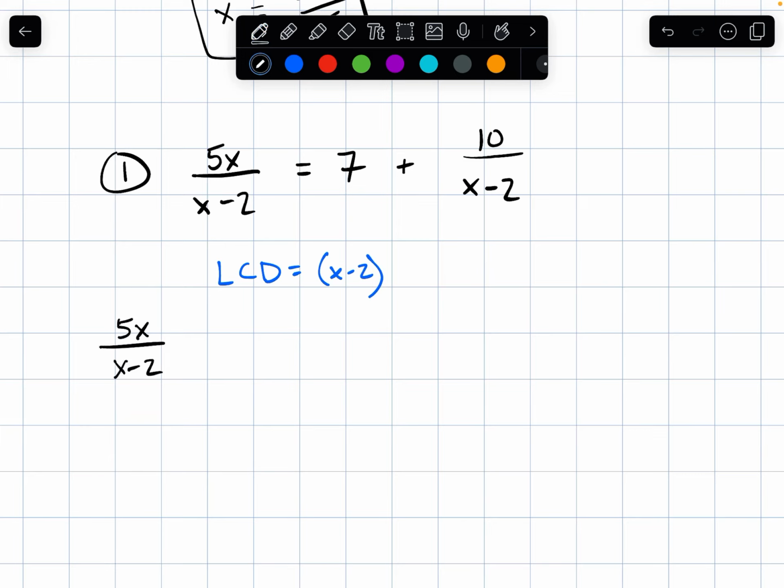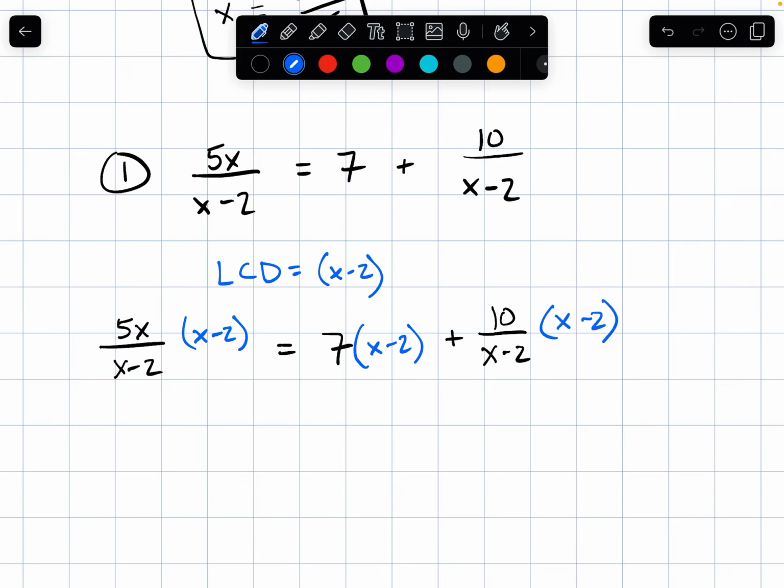So I'm taking my original term, that 5x over x minus 2, and I'm multiplying that by x minus 2. I still have the equal sign and the 7, and I'm going to multiply that by x minus 2. And then I have the plus 10 over x minus 2, and same with that, I'm going to multiply that by x minus 2.